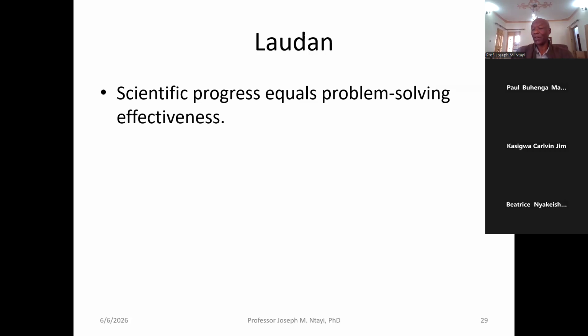And of course, he also dismissed the works of Imre Lakatos, who was looking at paradigm, and first of all, Thomas Kuhn, and then later on, Imre Lakatos. So for Laudan, scientific theories should be evaluated by their capacity to solve important problems within our communities. So if you have a theory that is able to explain everything within a particular community, then you are very close to what Larry Laudan articulated.